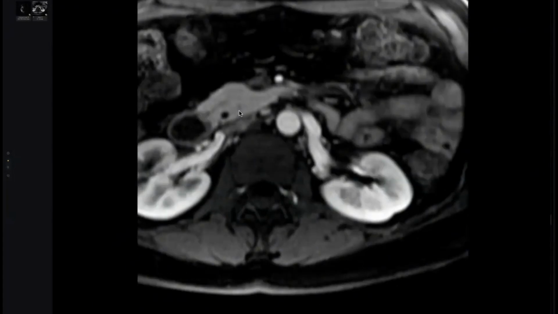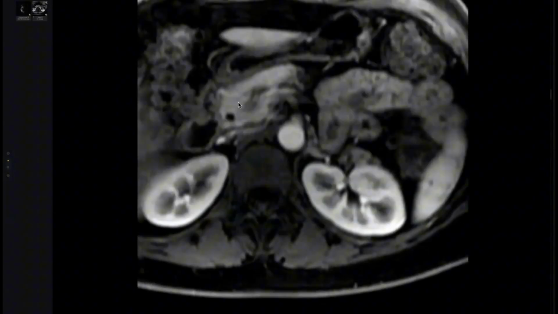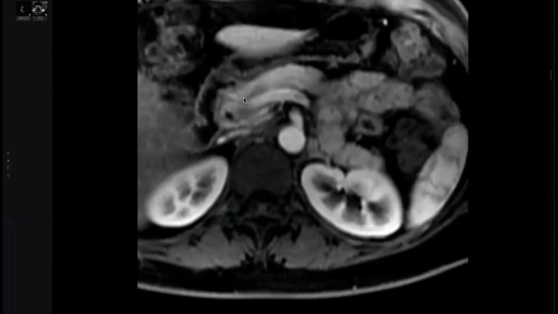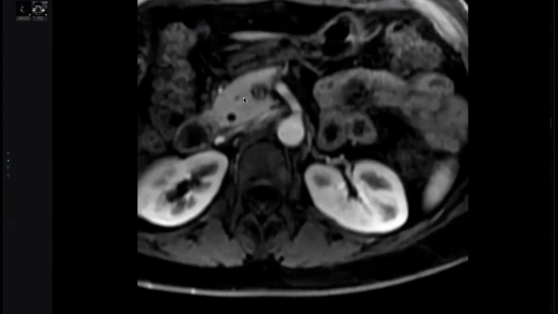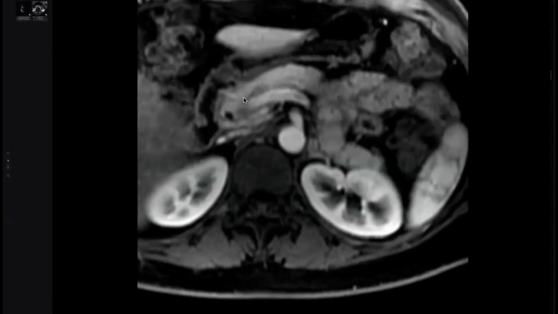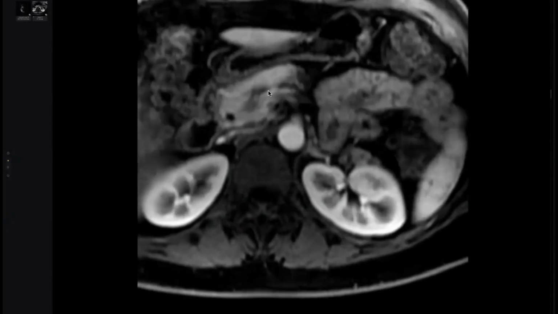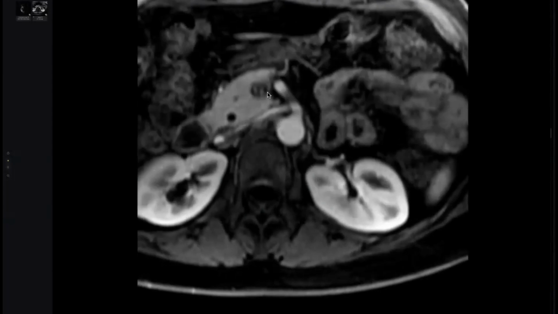Okay, sir, the pancreatic duct. Now I'm tracing it. So I think there is some suspicion about the duct.